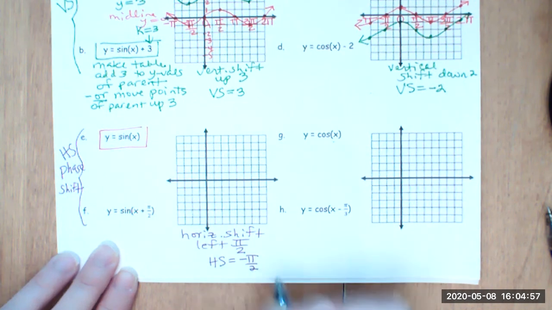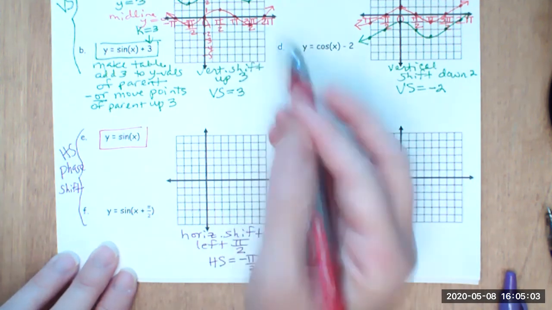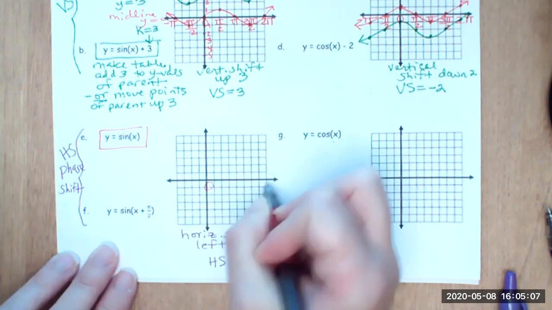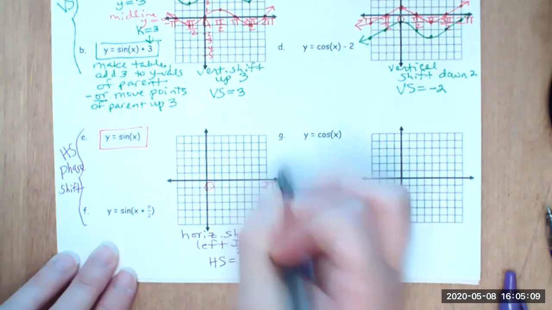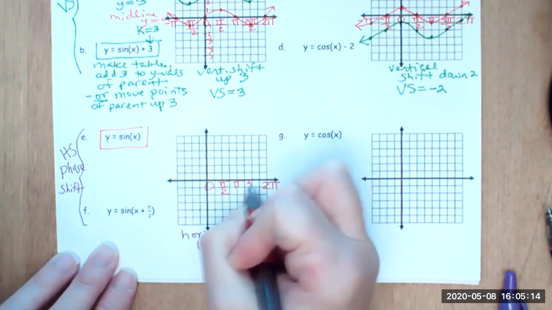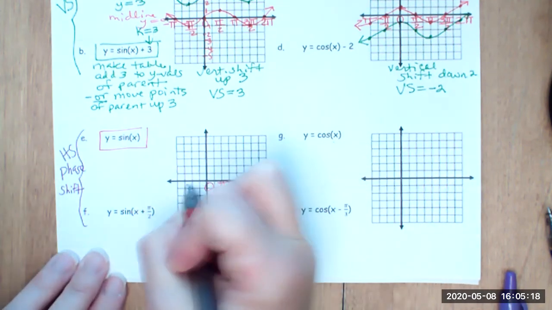Another way of saying that is just hs is equal to negative pi over 2. Okay, so I'll graph the parent sine function, just as I did before. So I've got 0 to 2 pi, and here's pi and pi over 2 and 3 pi over 2. You'll do this so much, you'll get used to doing it very easily.